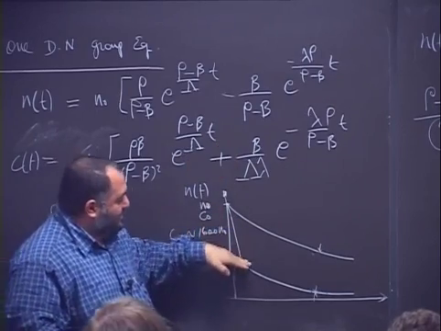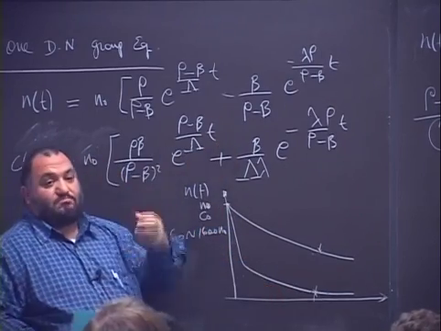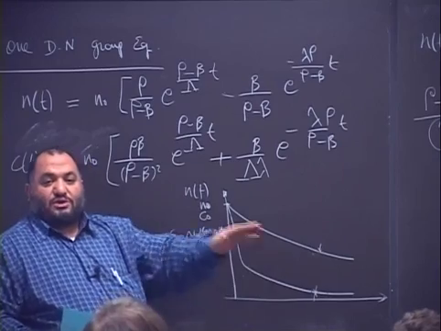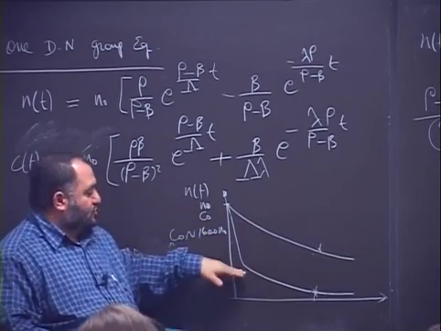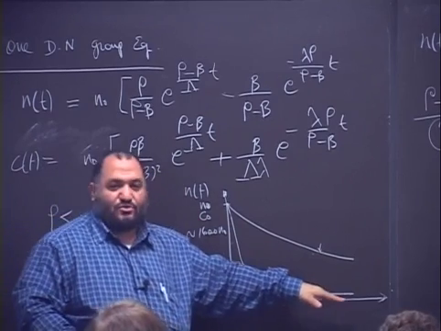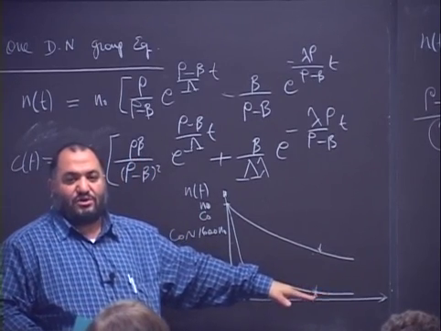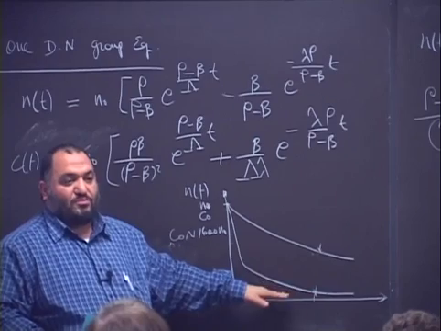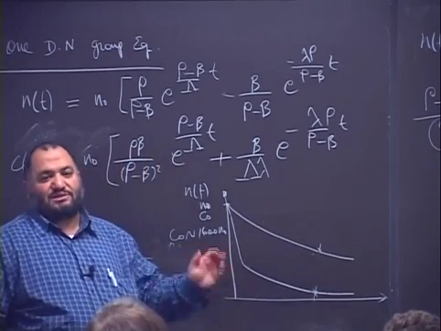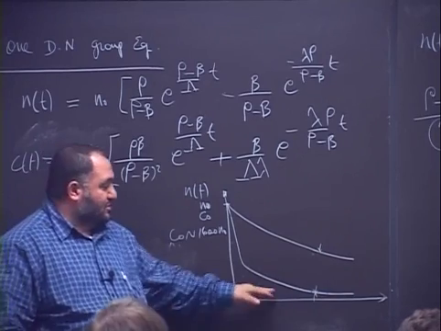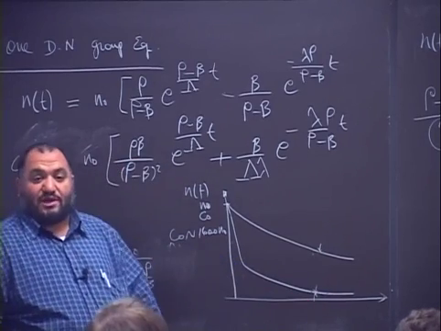Then you have to wait for the delayed neutron precursors to give birth to delayed neutrons, and those delayed neutrons will have some decay time. You cannot shut your reactor without waiting for those delayed neutrons to decay and reach, let's say, 0 power or whatever. Of course, you will see it here. Okay, guys?